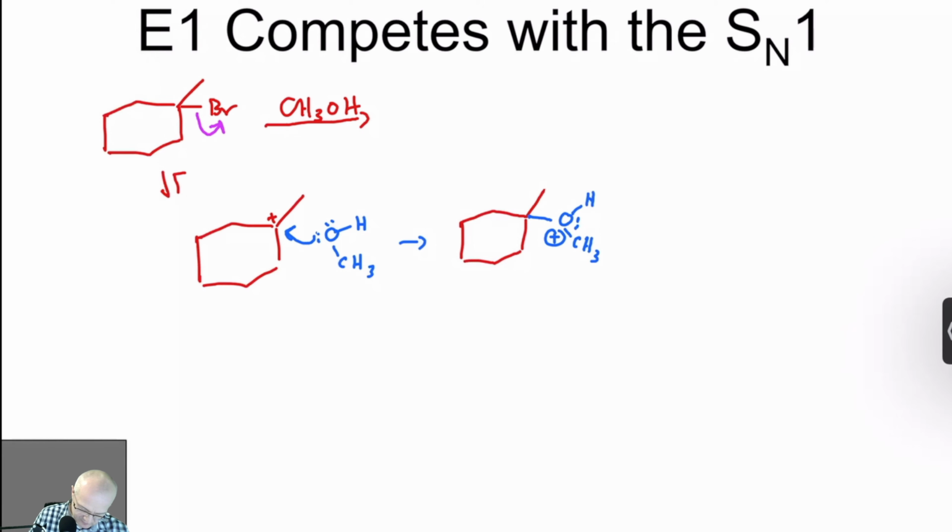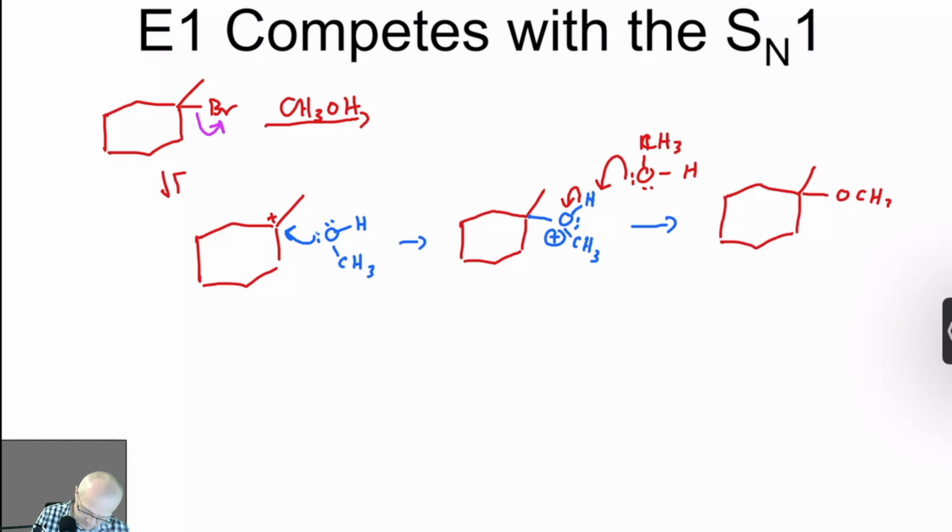And of course, the solvent will deprotonate it for us. And one of the products potentially could be the ether. More than likely you'll get the ether product as one of the products in this reaction. No question, you'll probably get at least some SN1 product.